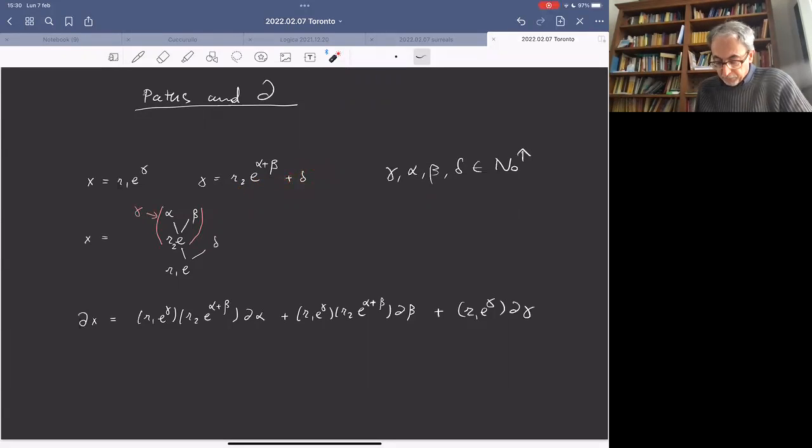Delta is again purely infinite because it's part of gamma, which is the exponent. So I can make a picture of x like this. So it resembles a tree.